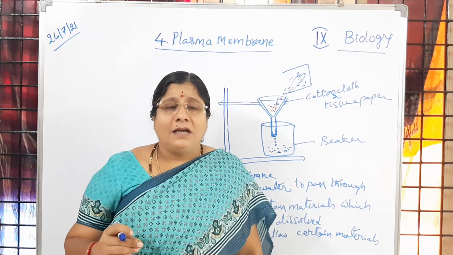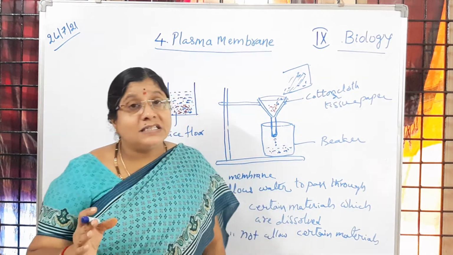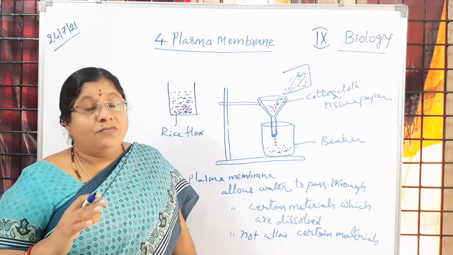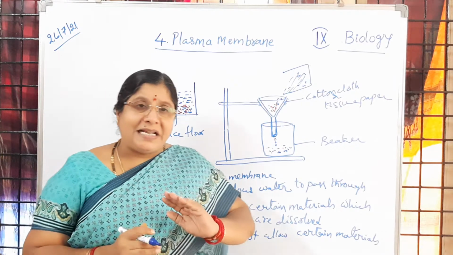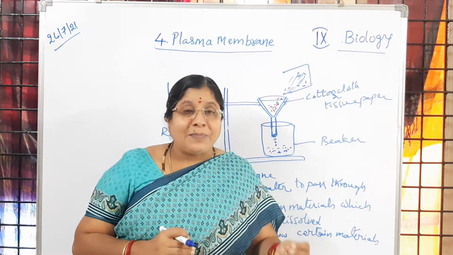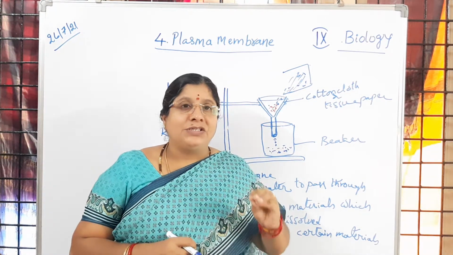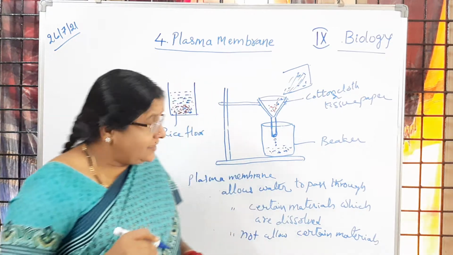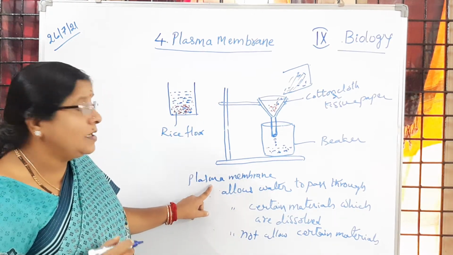What does it mean? The needy materials are the cell's. What type of materials are needed for the cell to survive? Such types of materials are just passed through the plasma membrane, and unwanted materials will never be passed through. Is it clear? So like that, these functions are carried out by the plasma membrane.